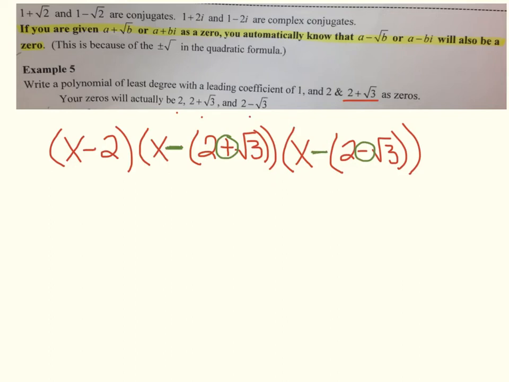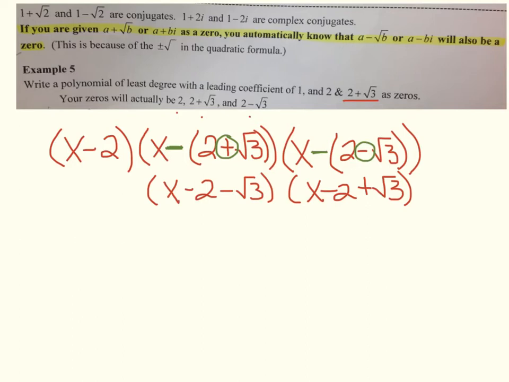Now it says write the polynomial, so we need to multiply all this fun stuff out. I'm going to take these two and distribute my negative: x minus 2 minus the square root of 3. X minus 2 minus minus makes plus square root of 3. And I'm going to FOIL these out. So I end up getting x squared minus 4x plus 4 minus 3.